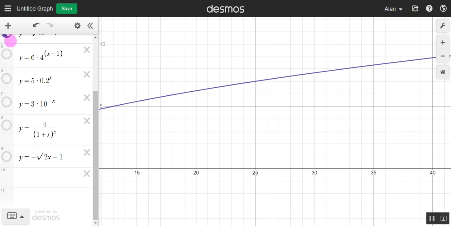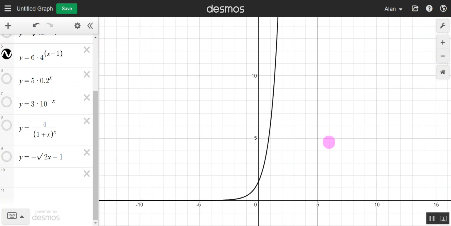Let's look at the next one. Six times 4 to the power of x minus 1. As x increases, y increases. Will it increase infinitely?